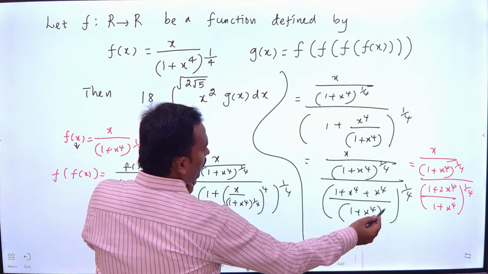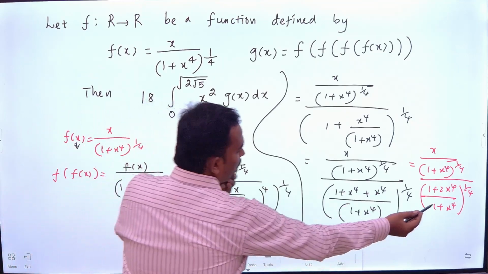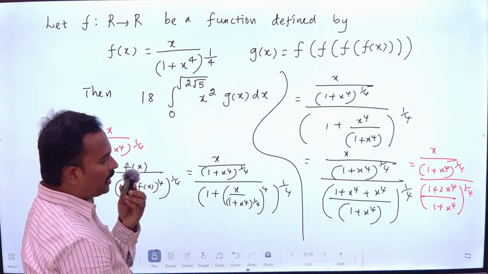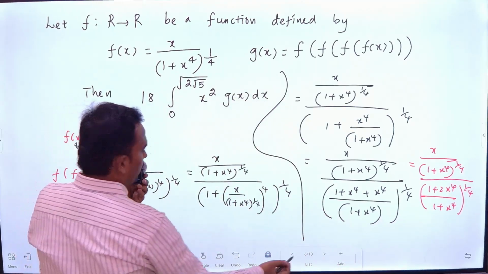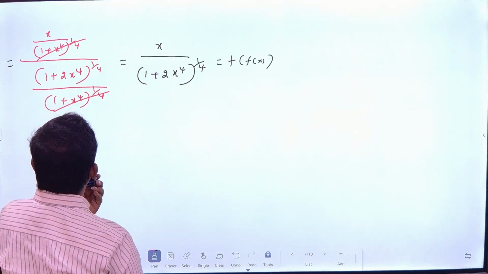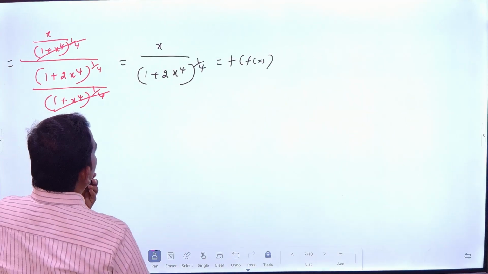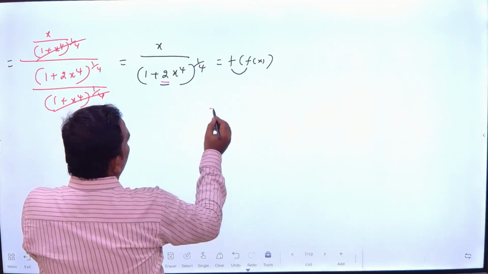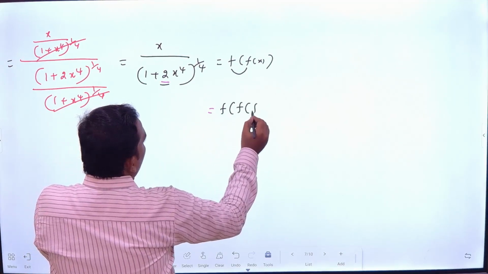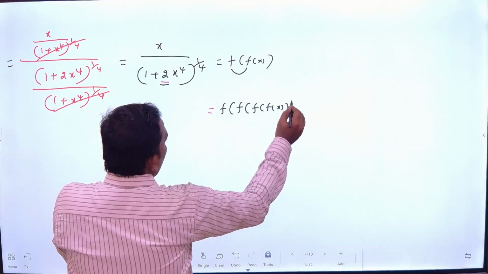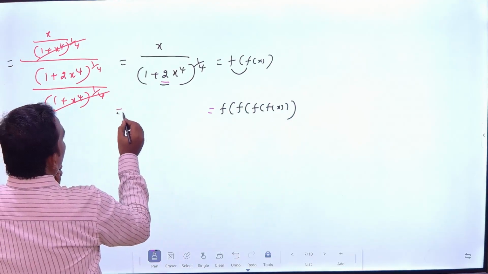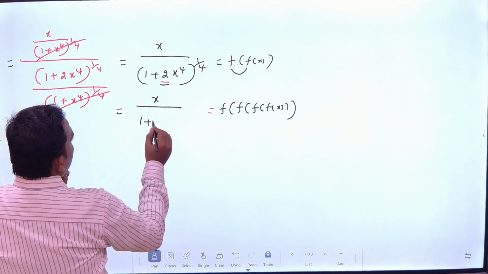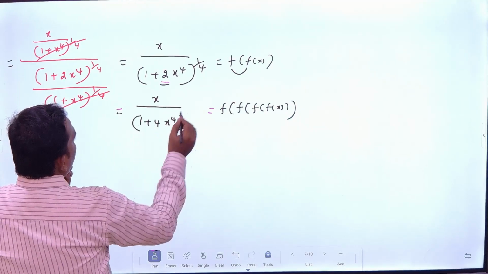You just expand it. So a by b whole power 1 by 4 is written as a to the power 1 by 4 over b to the power 1 by 4. The same idea you can apply. Here, for two terms, 2 will be there. The same way, for four terms, f of x becomes x divided by (1 plus 4x to the power 4) whole power 1 by 4.